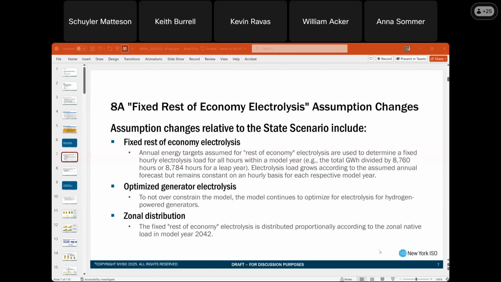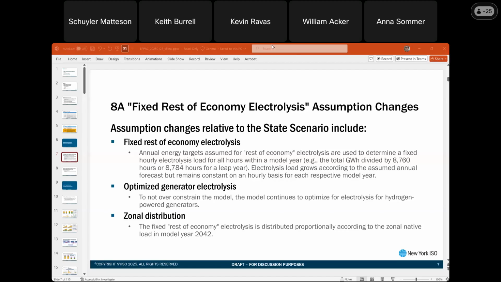Makes sense. Okay. The other question is around the optimization for the electrolysis for the generators and also the optimization that was done for the electrolysis before you fixed it in the previous scenario. What utilization factor are you assuming when you allow the model to pick the timing for the electrolysis to meet the hydrogen generation load?